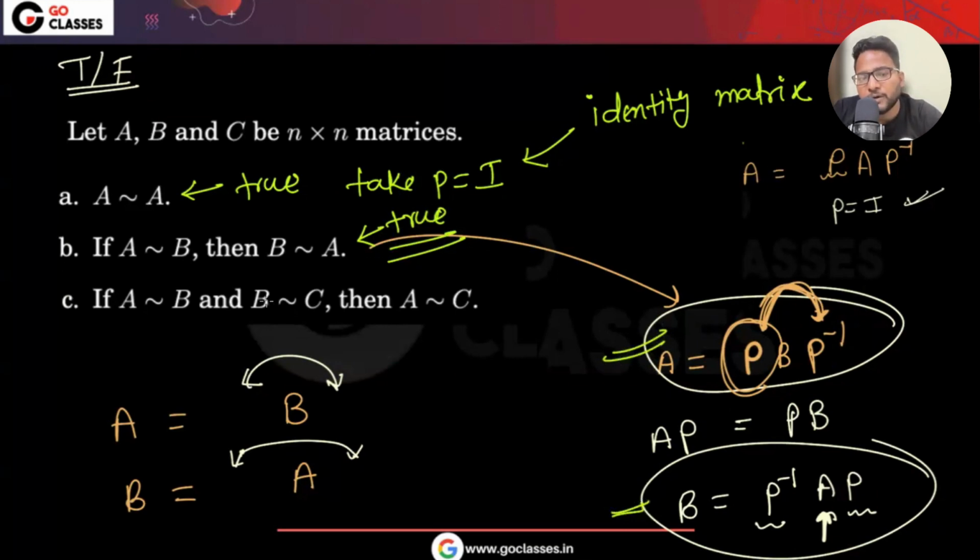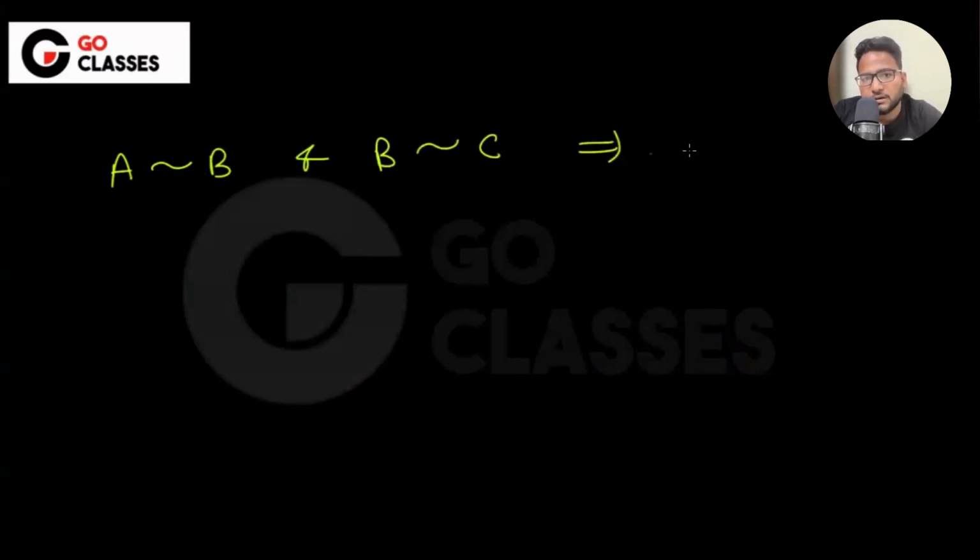If A is similar to B and B is similar to C, then A is similar to C. What do you think? See, A is similar to B and B is similar to C. Then can you say A is similar to C? Let's just check it. A similar to B means A equal to some matrix, B, the same matrix inverse.